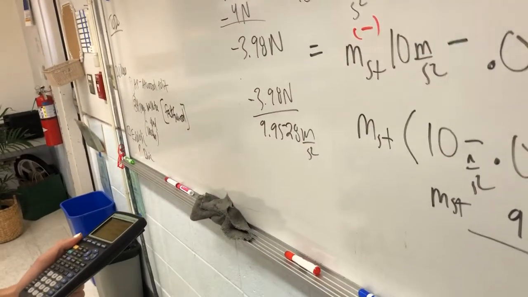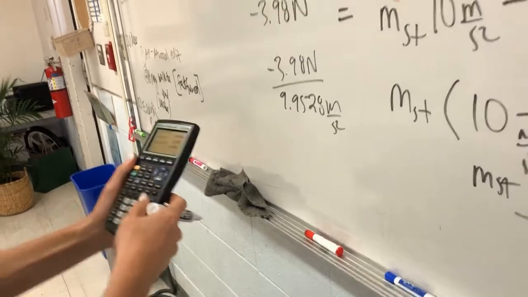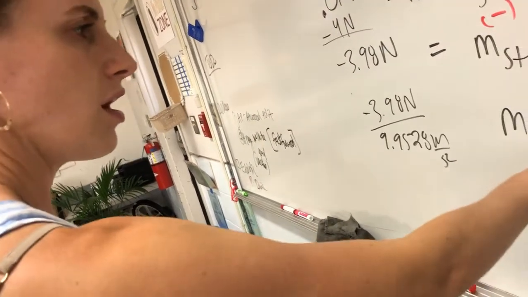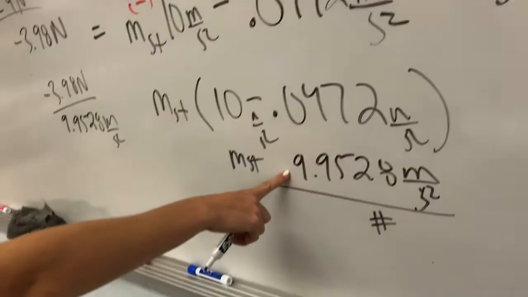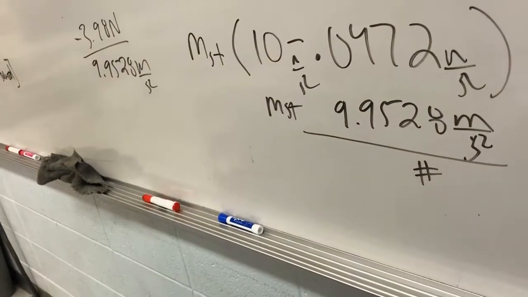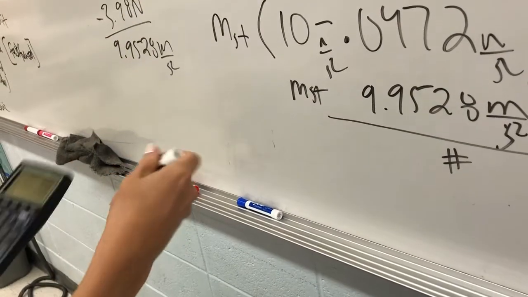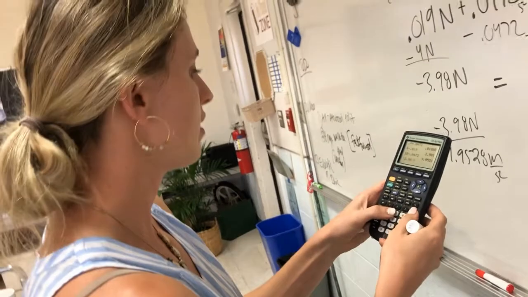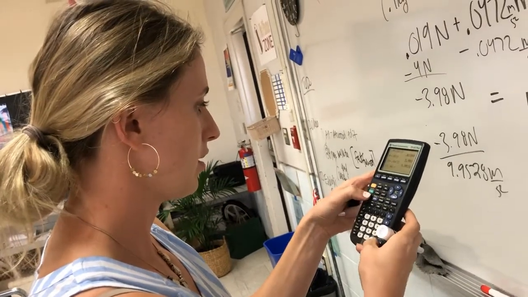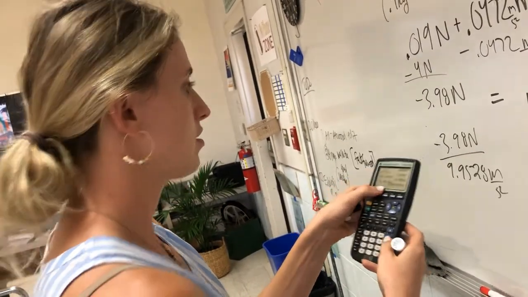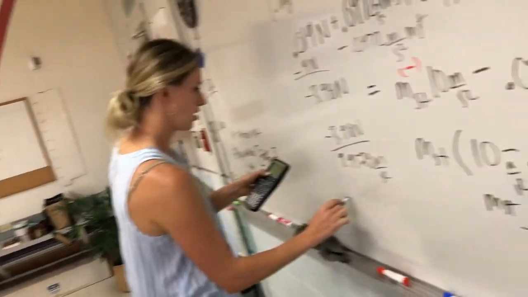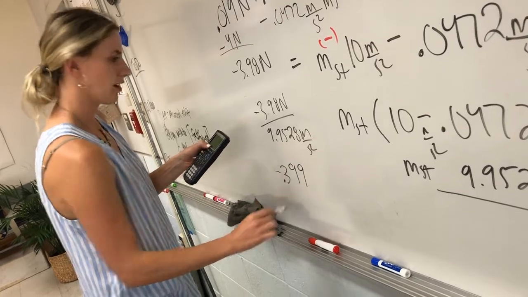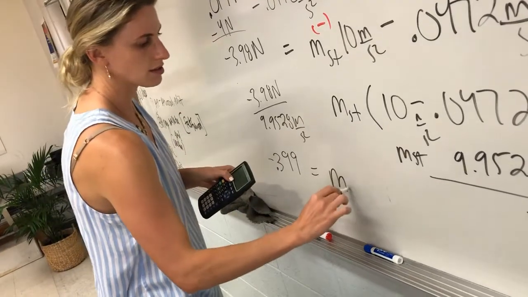Deep breath. Okay, now, should this be a negative? Well, let's just keep going through. We'll see how it turns out. Negative 3.98 divided by our answer gives us negative 0.399 equals the mass of our stapler.